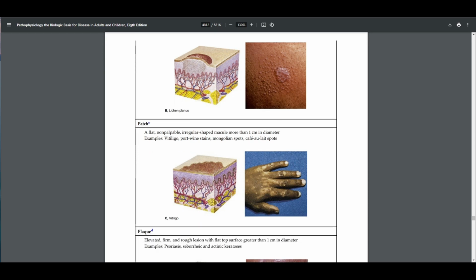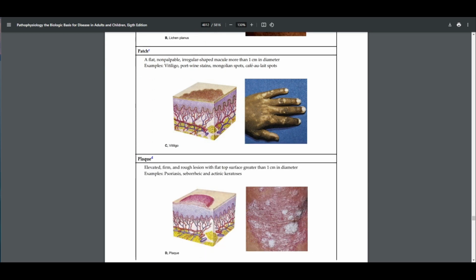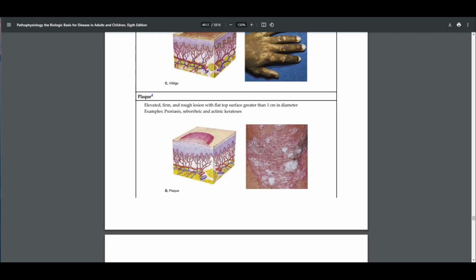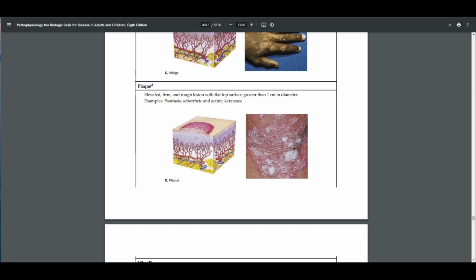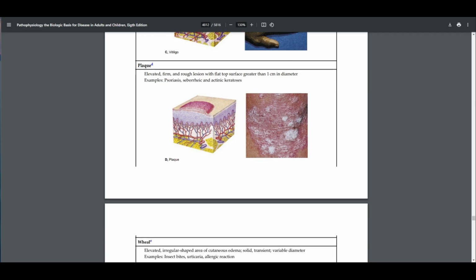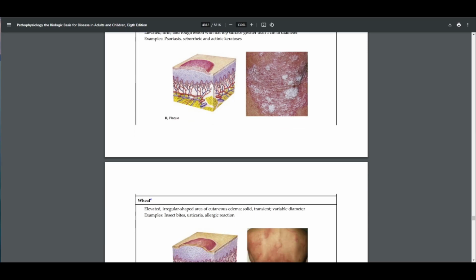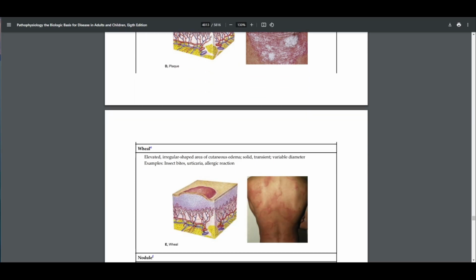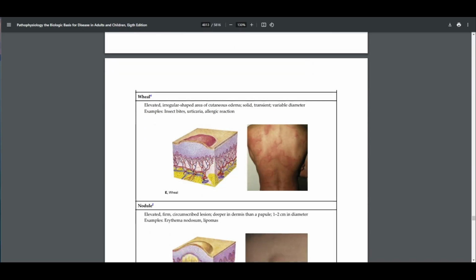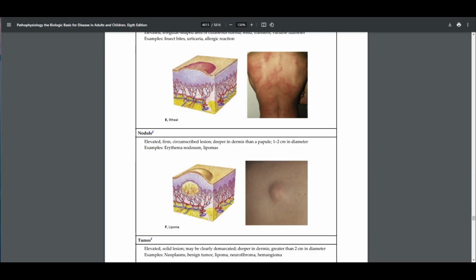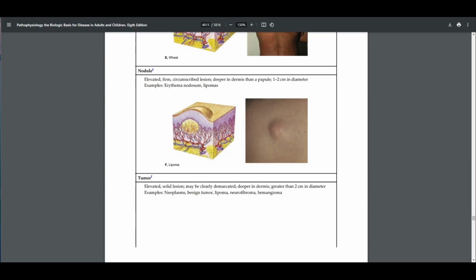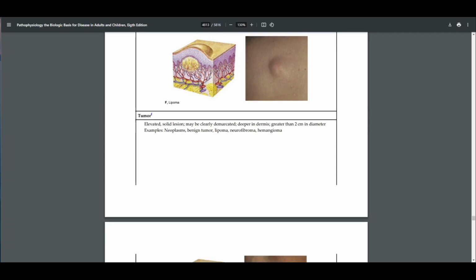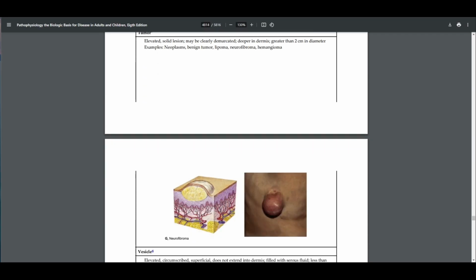then we've got skin patches. Now we've got some plaque, a wheal, a nodule, and a tumor.